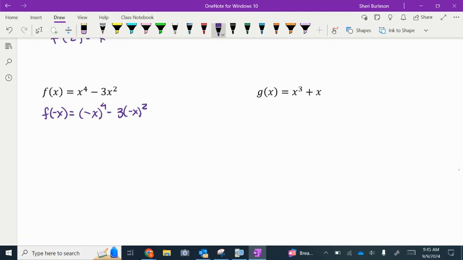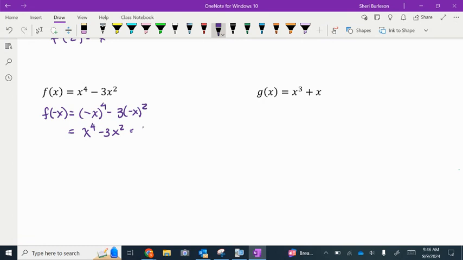And now I'm going to simplify. What happens when I take a negative number to an even power? It's positive, isn't it? Minus 3 times. What happens when I take a negative number to an even power? What does that look like?